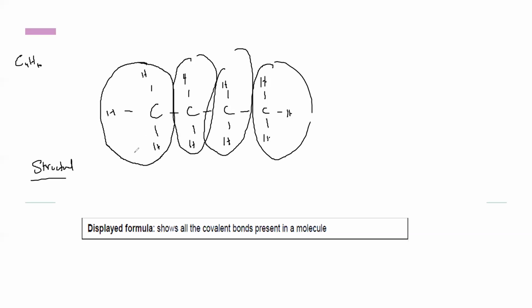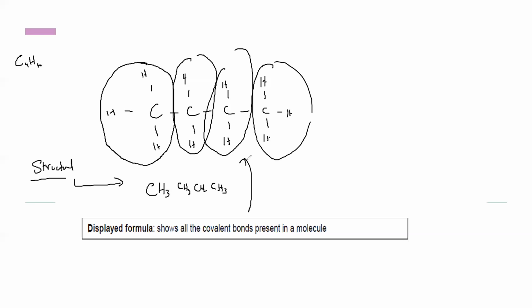When I represent them and show minimal detail, instead of carbon with 3 hydrogens showing all the bonds, I write CH3, then CH2, then another CH2, and then CH3. We call that a structural formula. So in displayed, we represent all of the bonds, whereas in structural we show the minimal detail for the structure.